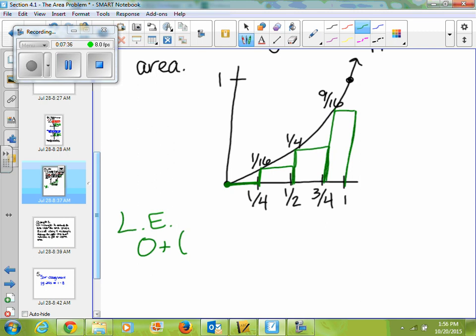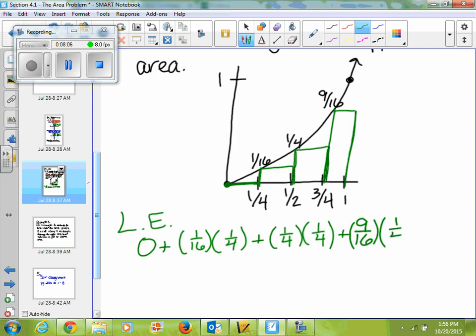So I would have 1/16 times 1/4 for my second rectangle. For my third rectangle, I have a height of 1/4 and a length of 1/4. And for my last rectangle, I have a height of 9/16 and a length of 1/4.